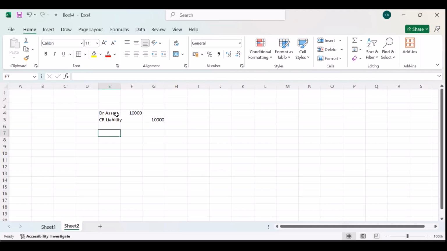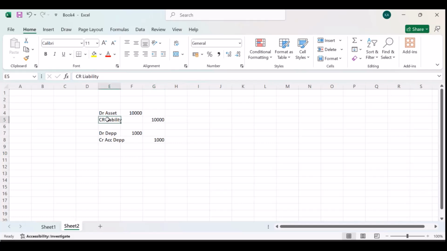Let's say the asset is over 10 years. So debit depreciation of how much? Depreciation is 1,000. Credit accumulated depreciation 1,000. I'm assuming it's over 10 years.